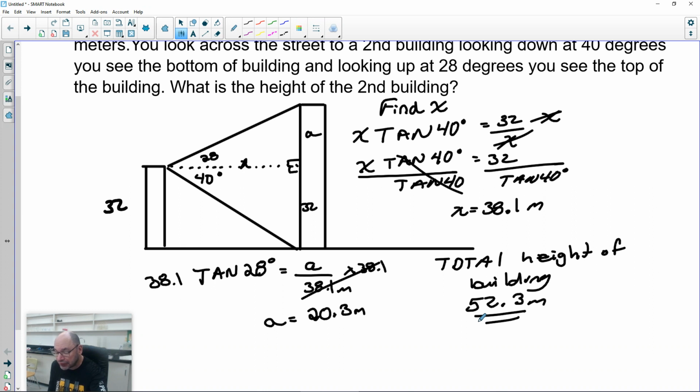That one uses tangent, so let's do another type of example that we can use as well with double triangles.